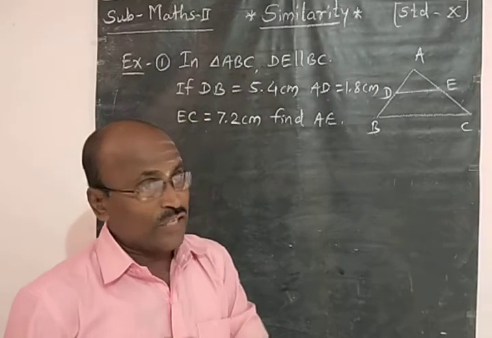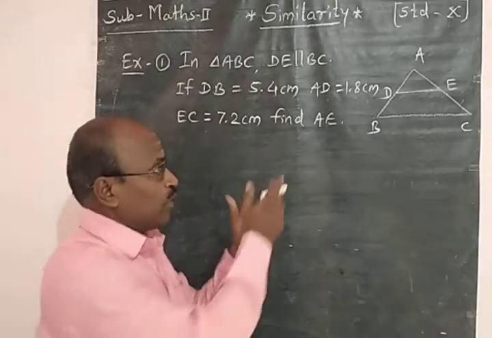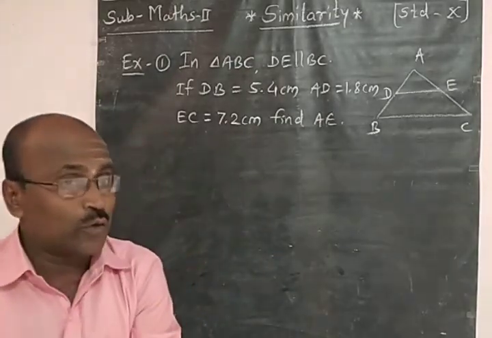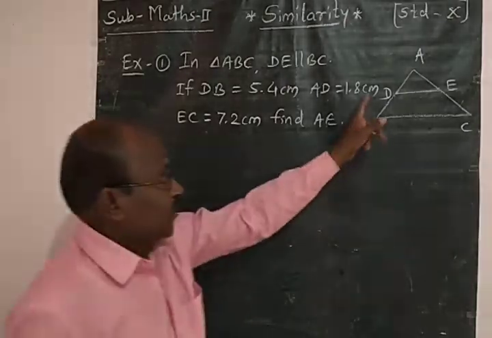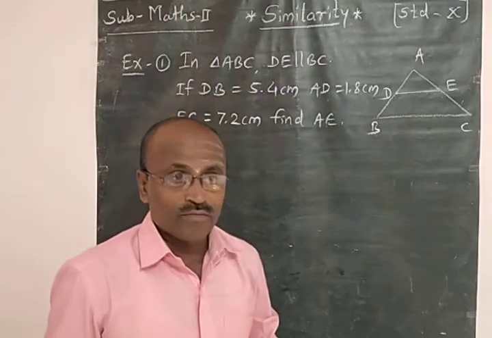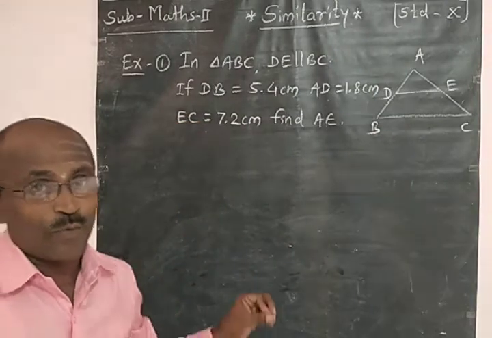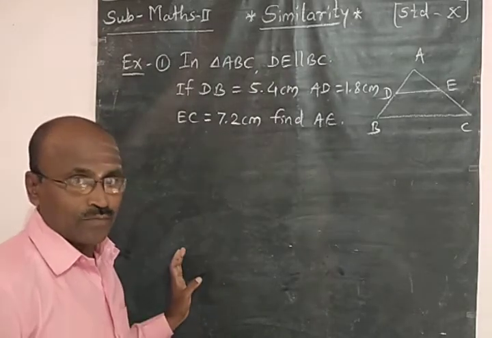So think what property we have to use here. If in a triangle one line is parallel to one side and it intersects the remaining two sides in two points, then we must use the first property, that is the basic proportionality theorem.